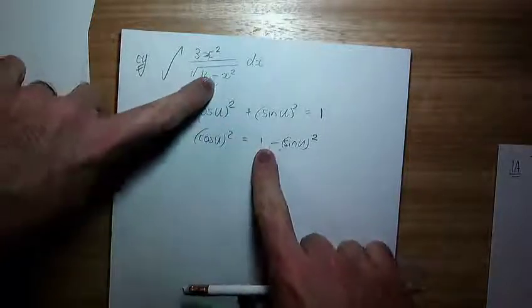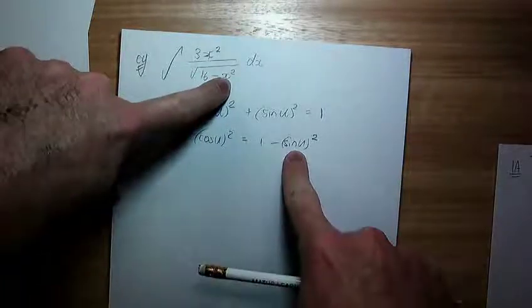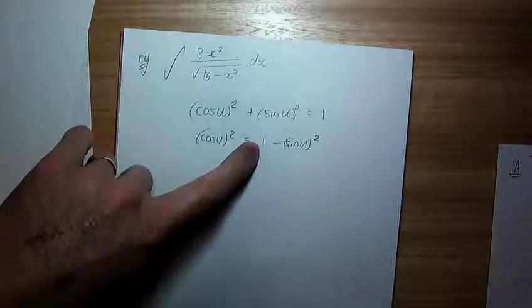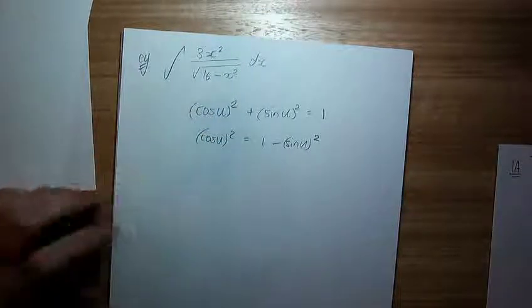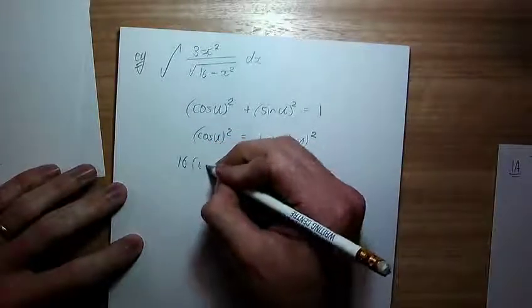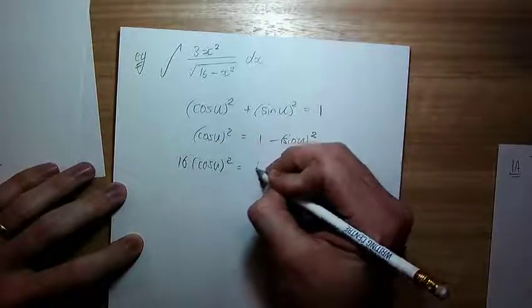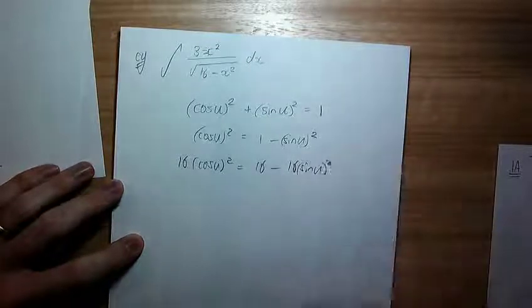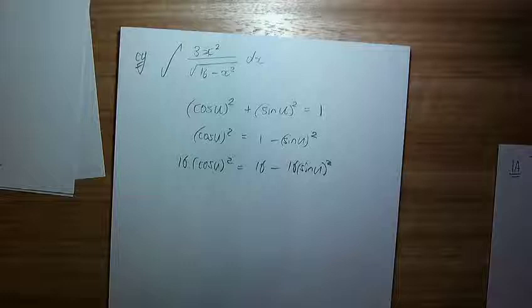Constant, constant, minus variable, variable. It's looking right. It's matching much more closely to what I have there. Only problem is the constant is a 1, and this constant is a 16. So I'm just going to times everything by 16. Like that. That's looking good.